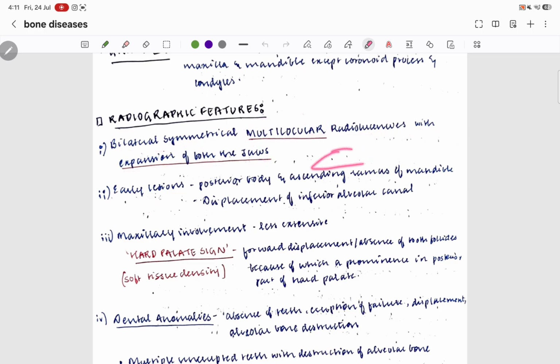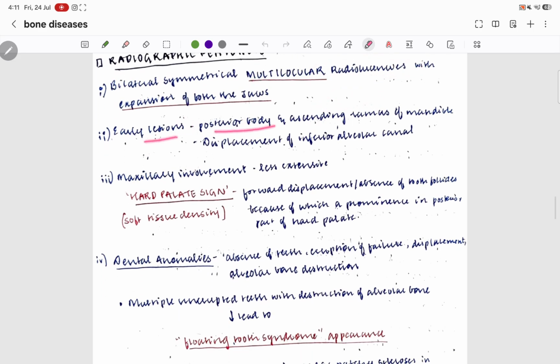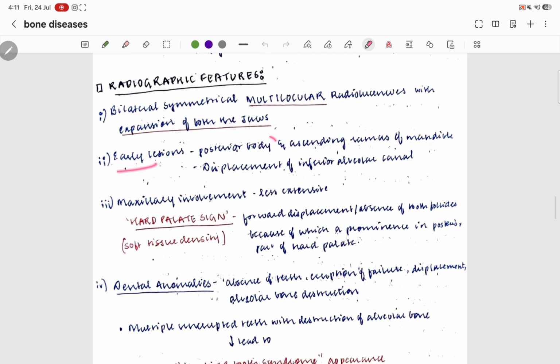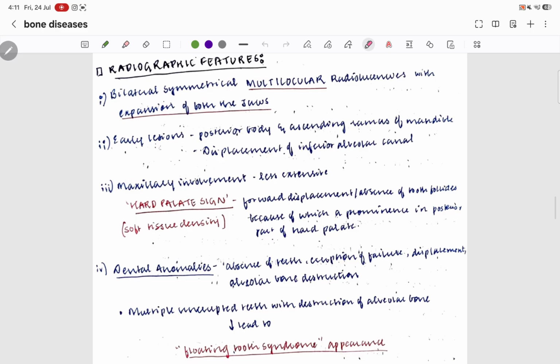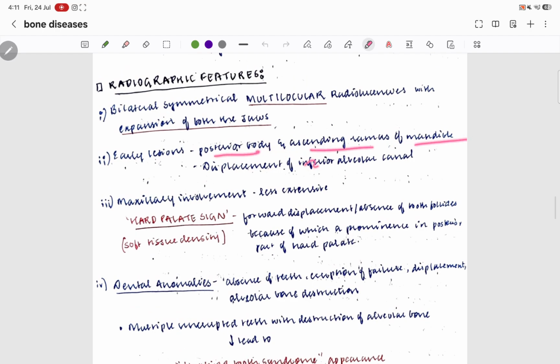The early lesion involves the posterior body and ascending ramus of the mandible, with displacement of the inferior alveolar canal. So the resorption causes a displacement of the inferior alveolar canal.